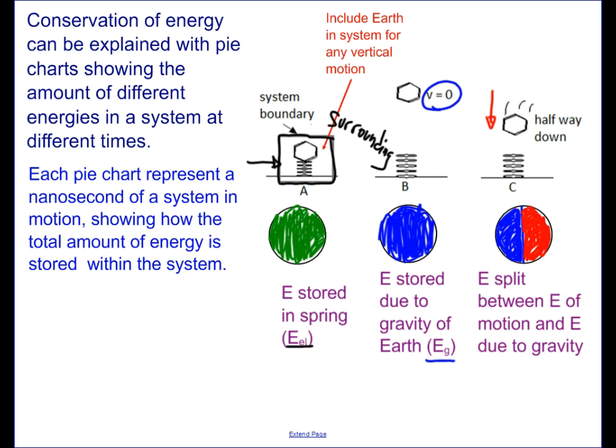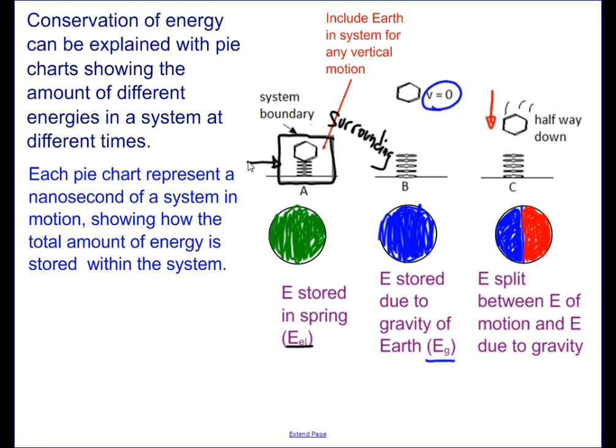Okay, just to wrap up some talking points. Energy is represented in different storage modes, and we can represent that energy by understanding the different forms: gravitational potential, which is EG; kinetic energy, which is EK; elastic potential energy, which is EEL; and dissipated energy. In these systems, we're going to use green for EEL, blue for EG, and red for EK.